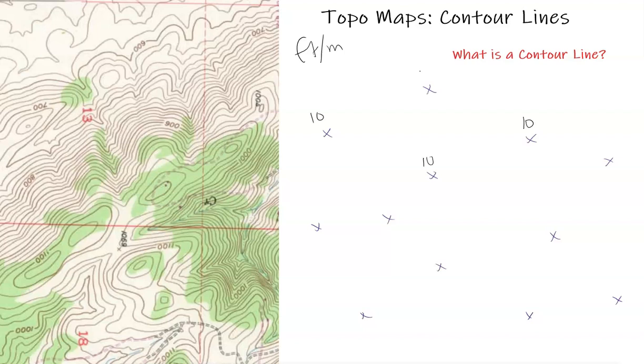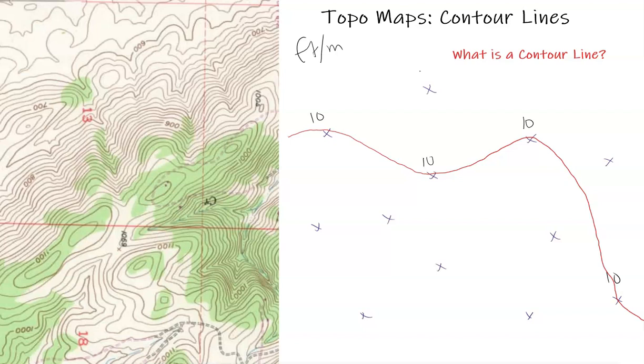Let's do 10 right there. Okay, now once we have these points listed on the map, we can then join them up with a fluid flowing line, and we can join these 10s up.